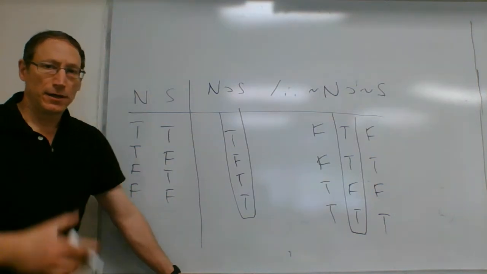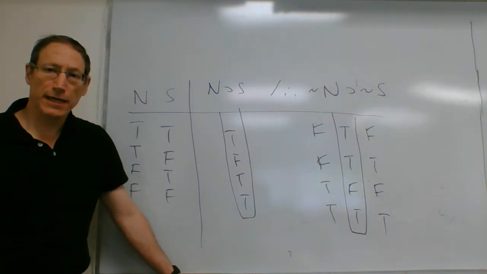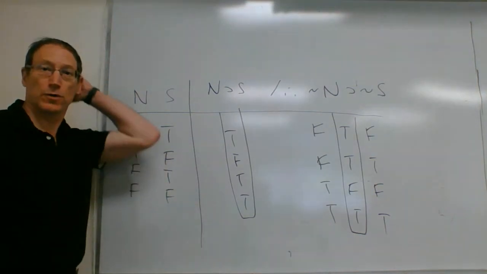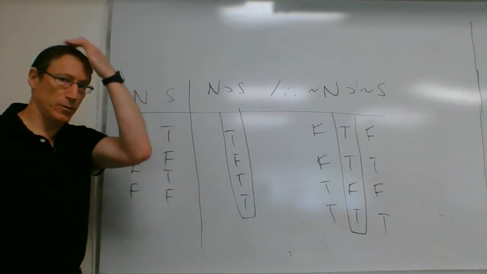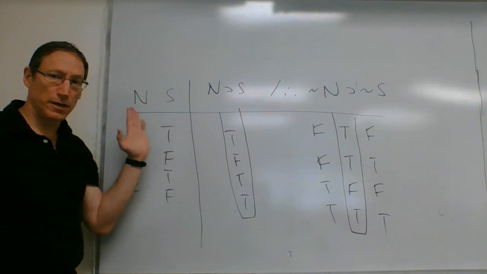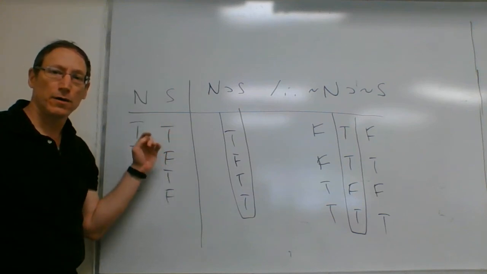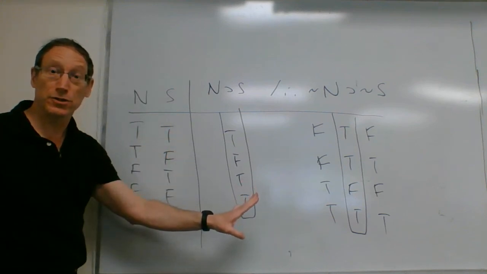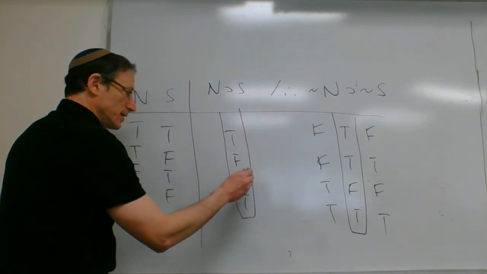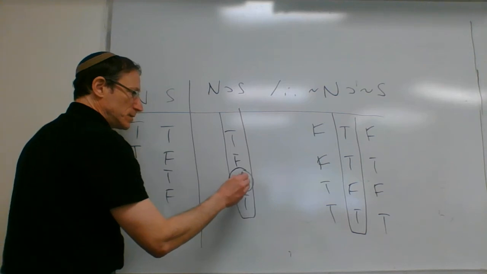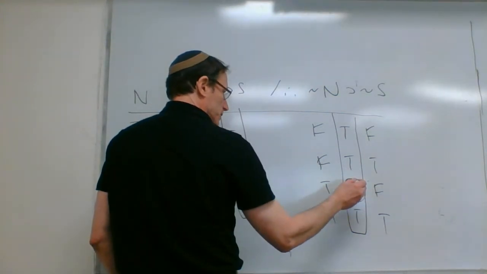Now, next step, look for a counterexample. Can I find a row on which all of the premises, now in this case there's only one premise, so can I find a row where the premise comes out true and the conclusion comes out false at the same time? Indeed, I see one right over here. Here the premise comes out true, and here the conclusion comes out false.